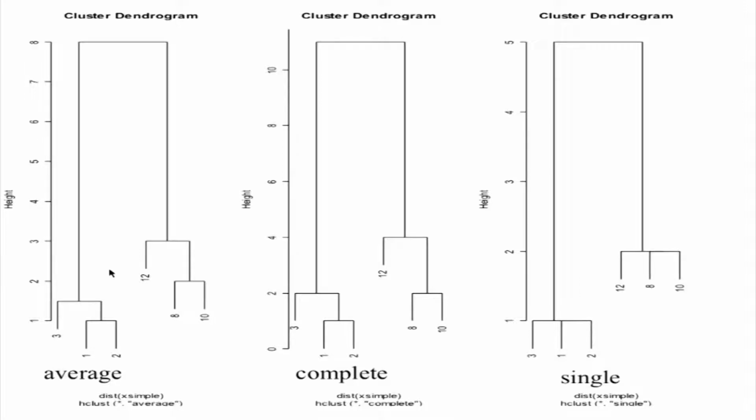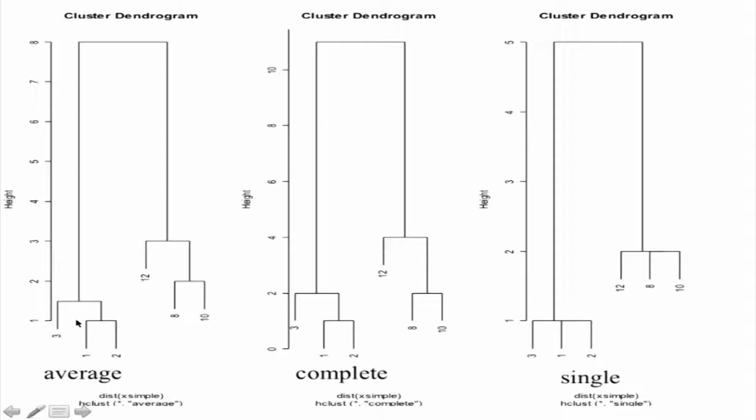Well, the first thing you need to specify is the dissimilarity measure. How do we define that? Well, we measure the dissimilarity between two numbers by taking the absolute difference. So the dissimilarity between 1 and 2 is 1. And you notice that here the two numbers, 1 and 2, get linked at the y-axis label of 1.